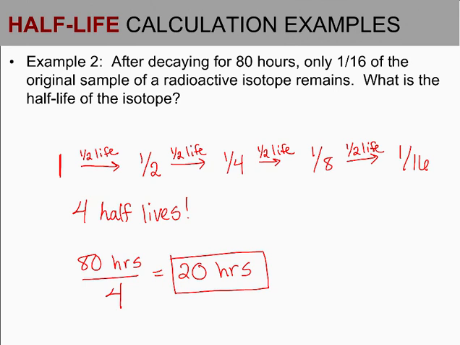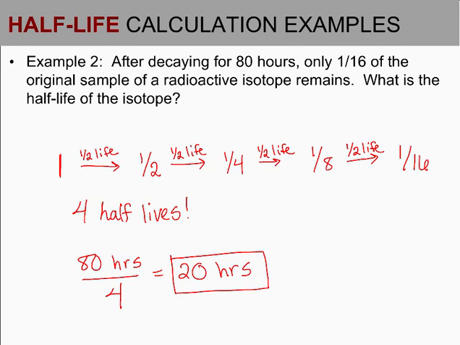So again, we're not doing anything too fancy. We're just figuring out, okay, if we only have 1/16 of the sample left, assuming we started with a fraction of 1, how many half-lives have occurred?